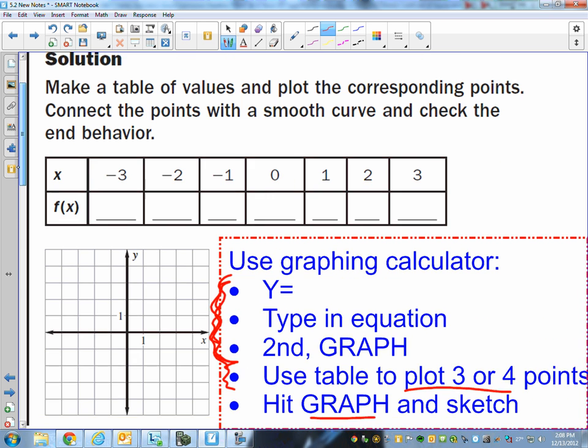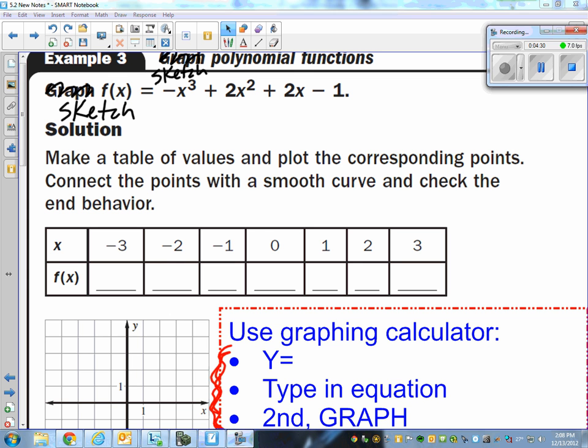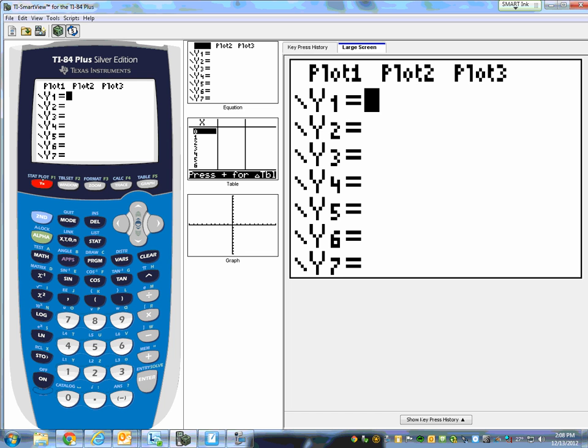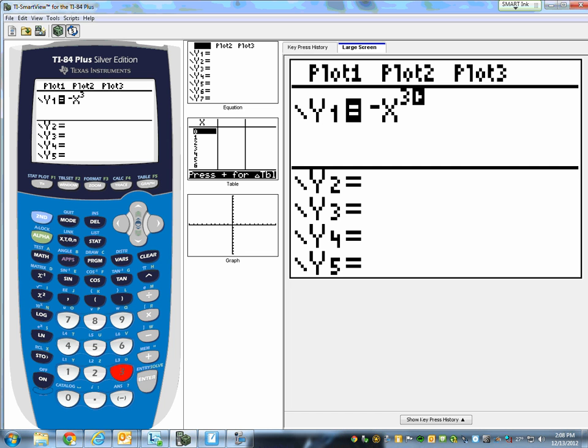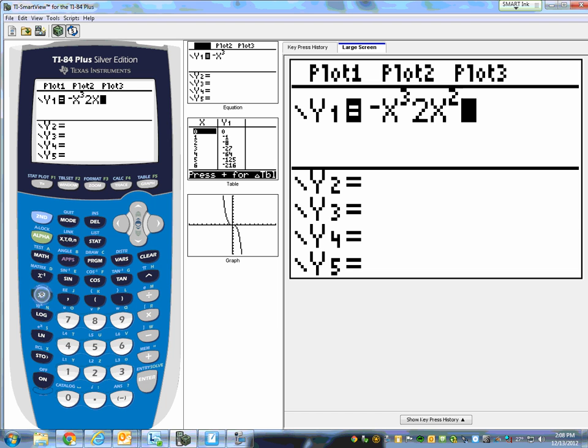So for example, there's our equation up there. So I'm going to go to my graphing calculator and type that in. Negative x to the 3rd plus 2x squared plus 2x minus 1.